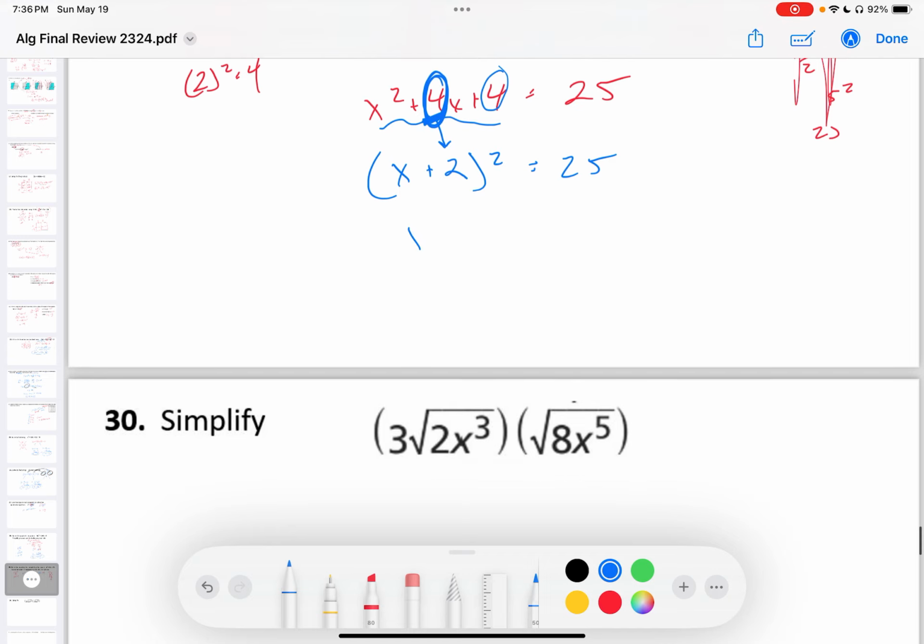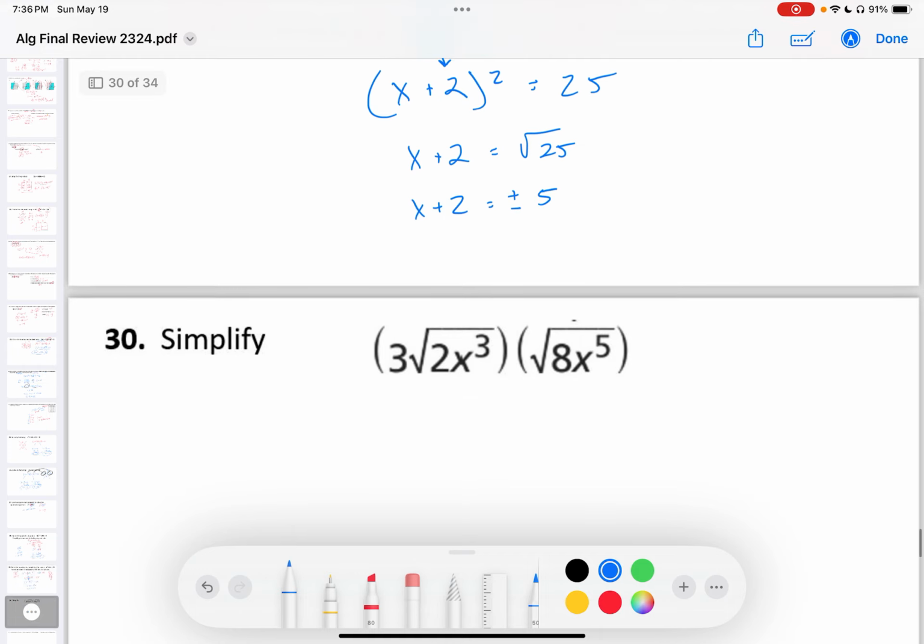I will square root both sides. When I square root the left side, I just lose my square. When I square root my right side, I get the square root of 25, which would be plus or minus 5, because the square root of 25 is 5. And then I'm going to subtract that 2 from both sides, and that goes in front of my plus or minus.